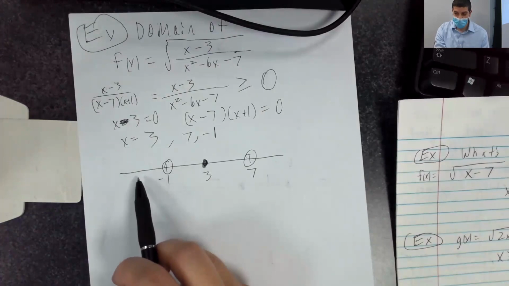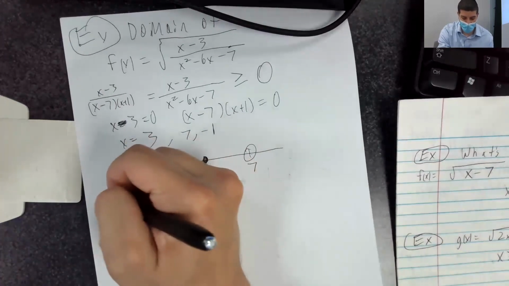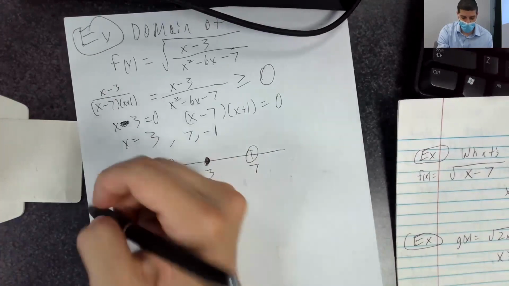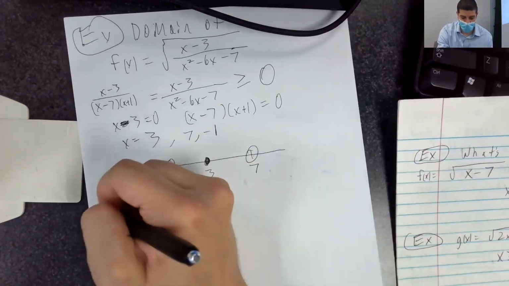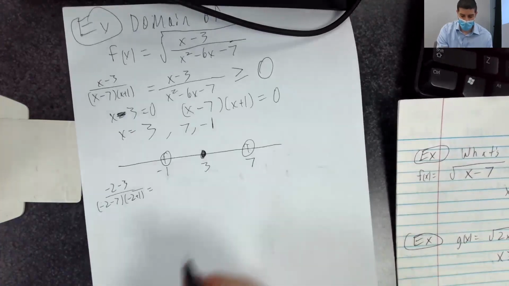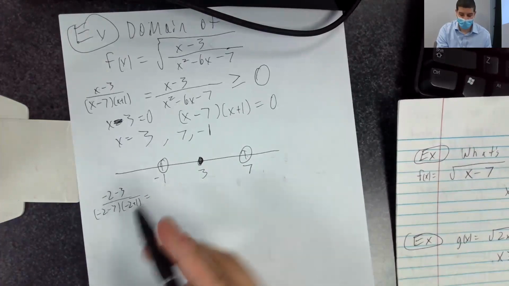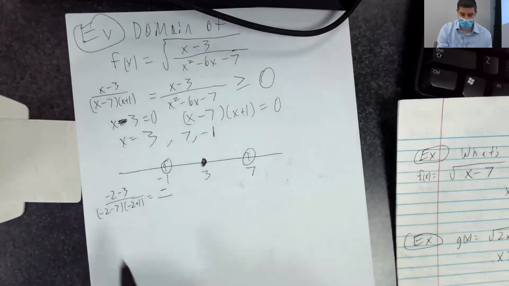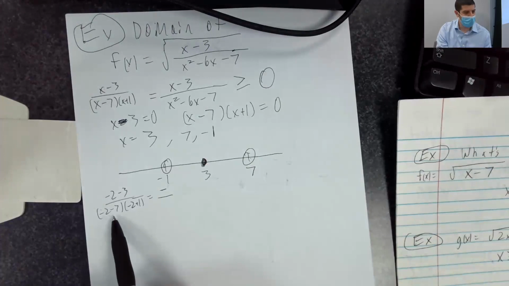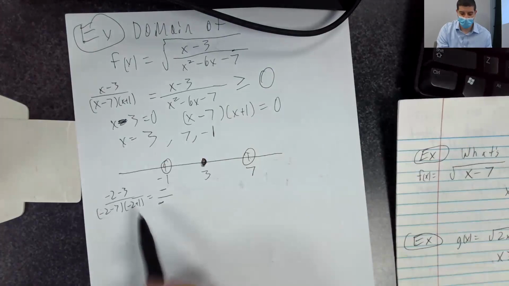So something to the left of -1, let's say -2. So if I plug in -2, -2 minus 3, -2 minus 7, -2 plus 1. -2 minus 3, negative or positive? Negative. Divided by -2 minus 7 is negative. -2 plus 1 is negative.